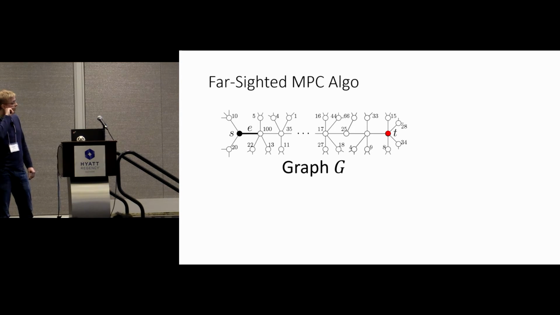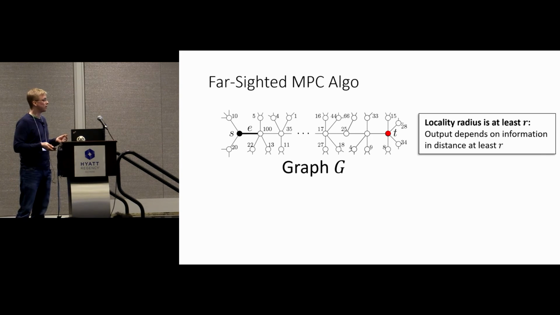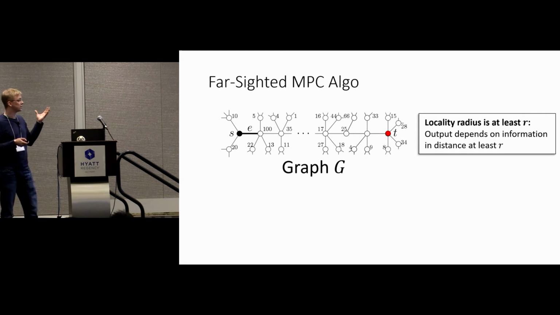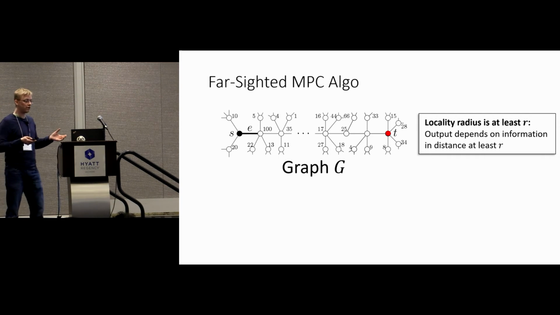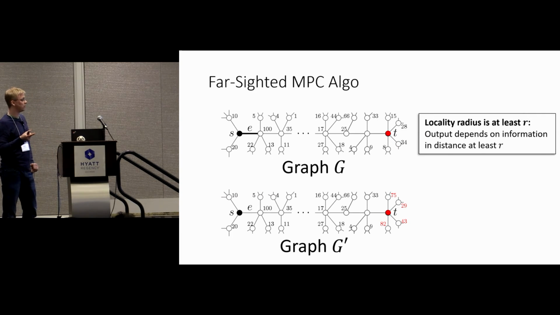And the idea is that imagine now that we have this graph where these nodes S and T are in the same component. Okay, now I have this previous statement that the locality of matching is R, and this edge E has to figure out some information about T. So what the node T can do is that it can change the local information without telling the edge E about it.